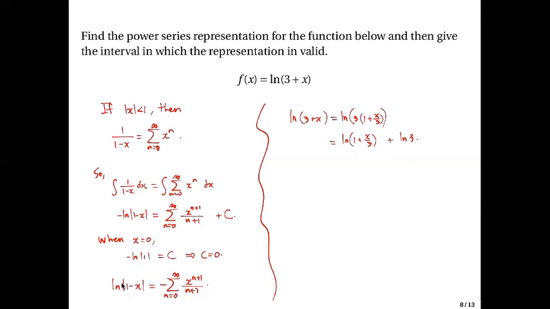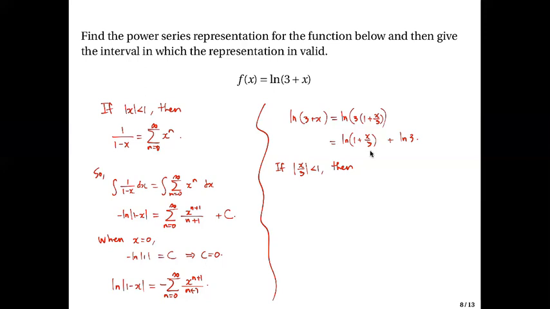So basically, this absolute value symbol here can be replaced by just the parenthesis. Okay? So if we have the absolute value of x over 3 less than 1, then this guy here, we can now replace it with this expression, okay?